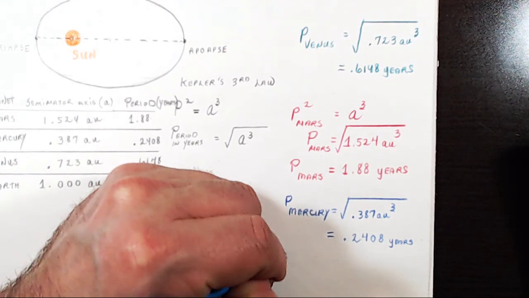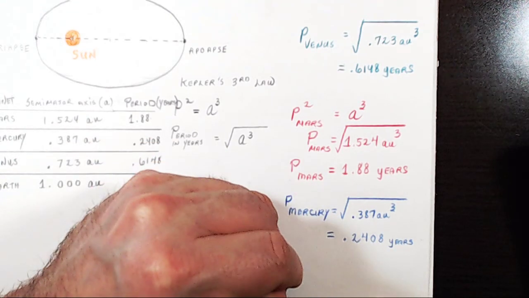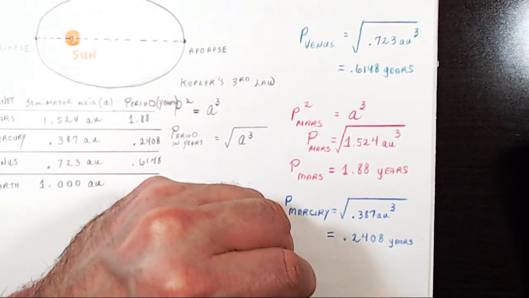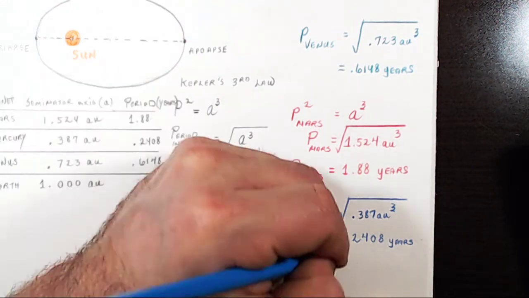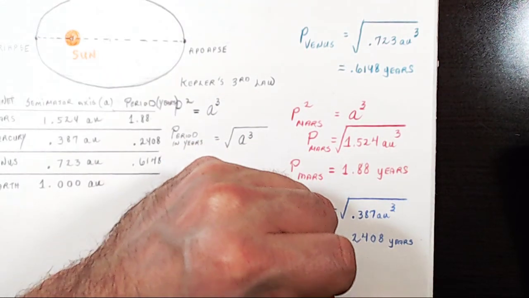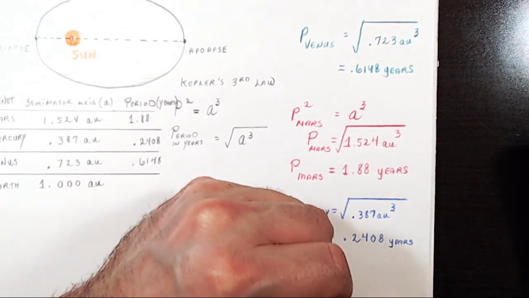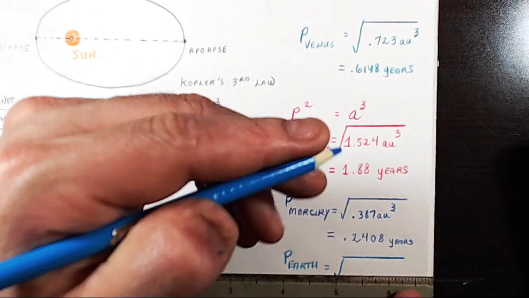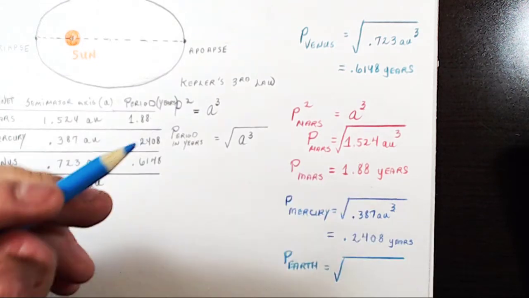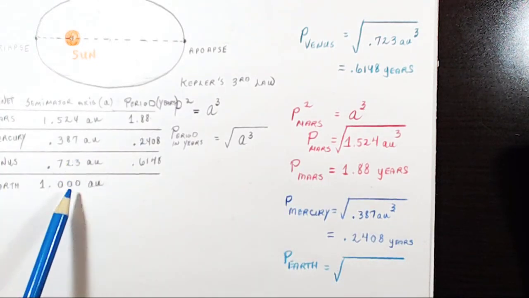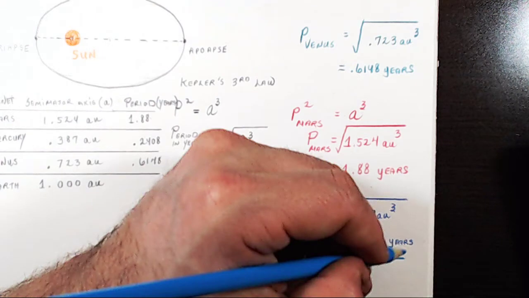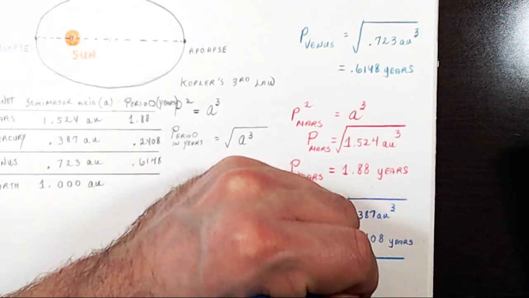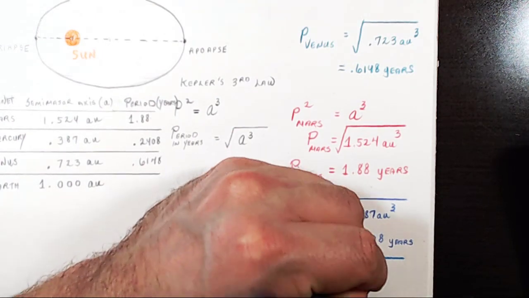We'll say the period for Earth is equal to the square root of the cube of the semi-major axis for Earth, which is 1 astronomical unit cubed.